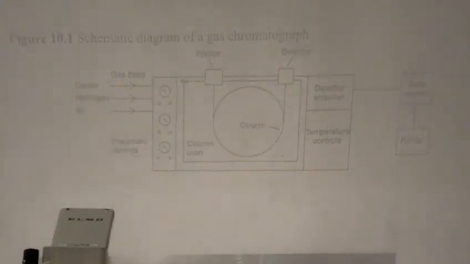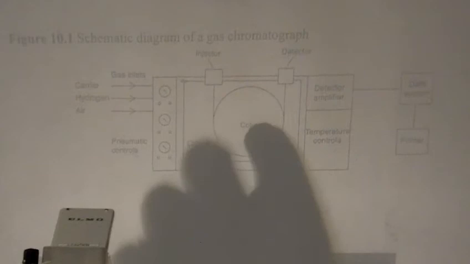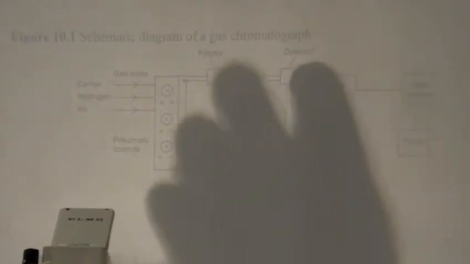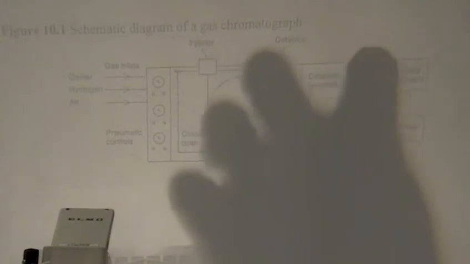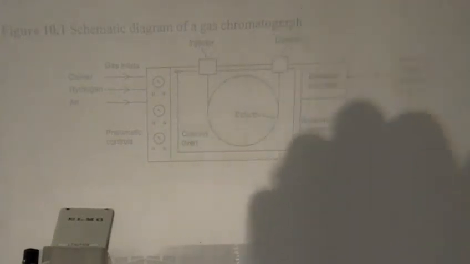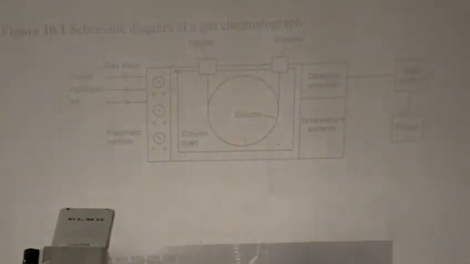It's a really long column that the sample is passing through, okay? Then as it comes out of the column, it goes into the detector, which analyzes what comes off that column, and then it goes into the data system and your data is printed out. So the information we're getting from the detector is when a sample comes off and what that retention time is, okay?